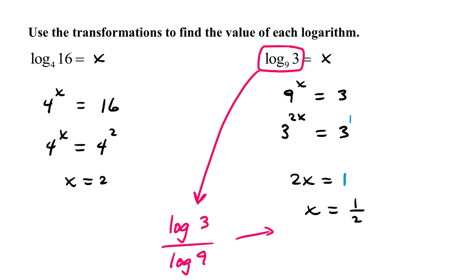So let's translate. 9 to the x power is equal to 3. 9 is 3 squared, so I'm going to rewrite 9 as 3 squared. That x that's already in the exponent will just join up with the 2. 3 by itself is 3 to the first. Same base. That means 2x has to equal 1. And that'll happen if x equals 1/2.